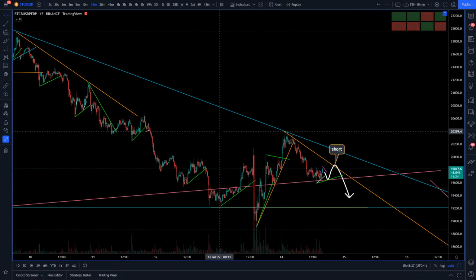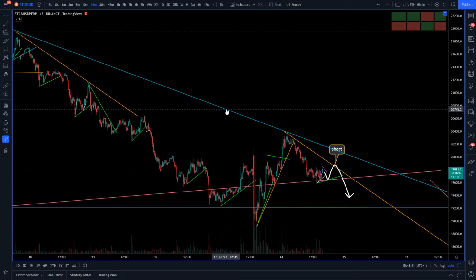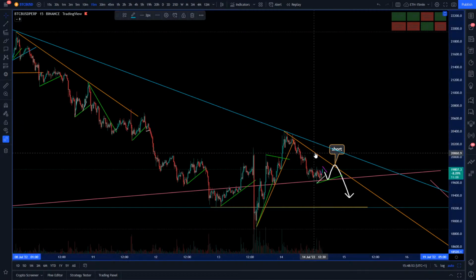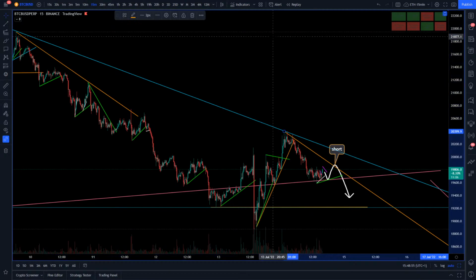When you see a 3D breakout, yes, it needs a higher low from the orange. So when you see a breakout of the light blue line, of the turquoise line, then you will need a higher low of that orange line.